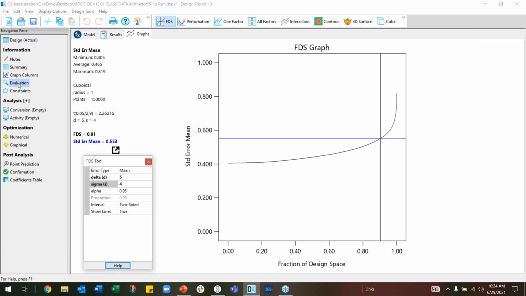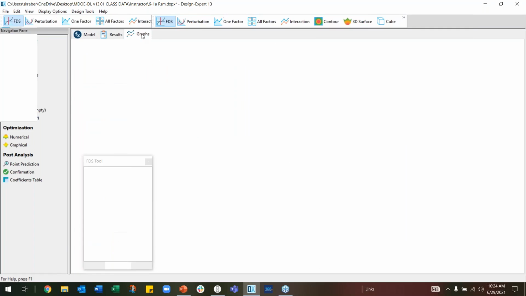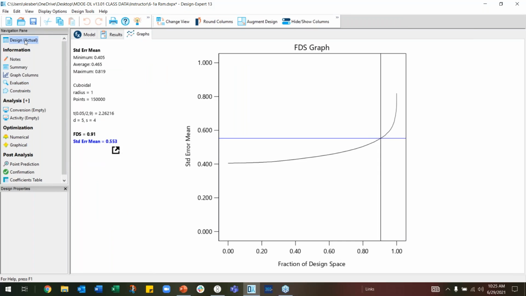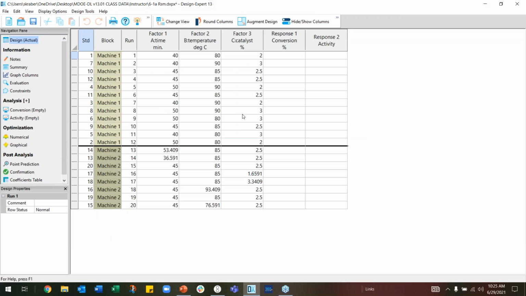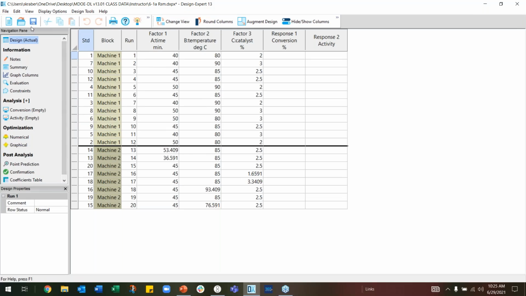Okay, so again, that's found under design evaluation. You simply click there and you can immediately click on the graphs. All right, now that we know this design is sufficient, we can then go out and do the work and collect the data. So let me just reopen this with data in it.